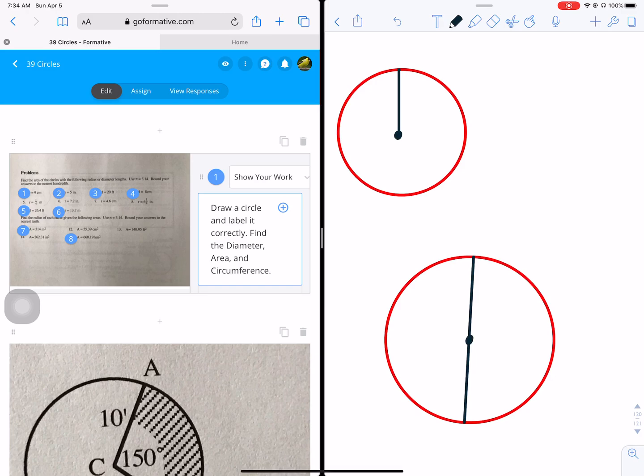Circles, basically the whole math point of doing circles is to figure out the length around a circle, the length across a circle, and sometimes we need to know half that length, which is the radius.